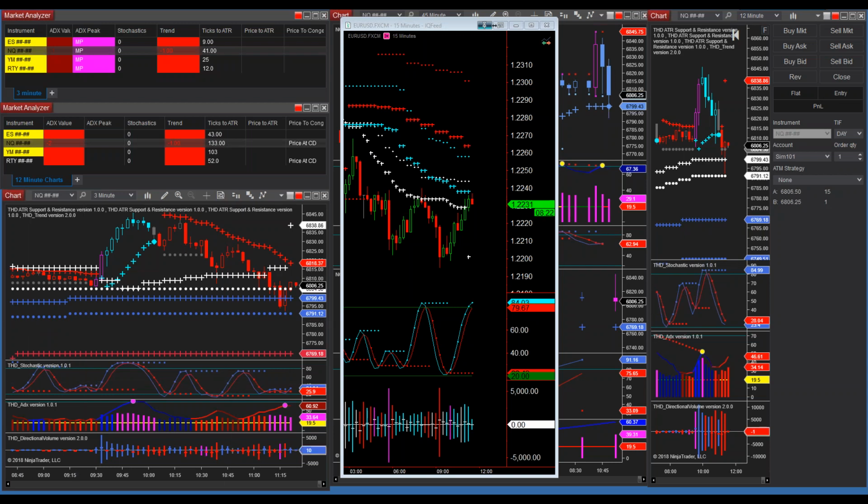And there's your magenta dot on the 3-minute. It just tells you it should go up to about 68.18. I expect it to be 68.15.